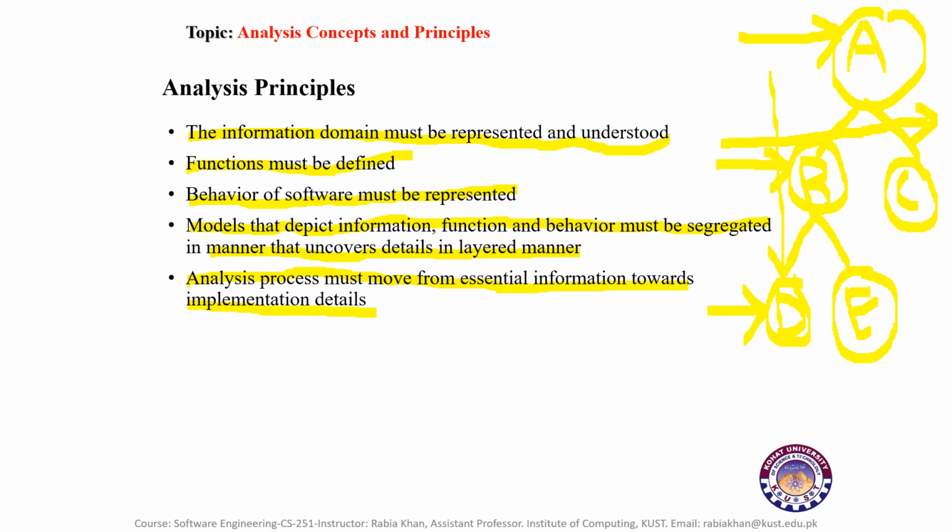So generally, you collect essential data from your customer, but that information actually leads you towards the implementation details. That means how the problem is to be handled by the software. So collecting essential requirements from the customer helps you to move forward towards its implementation within the software.